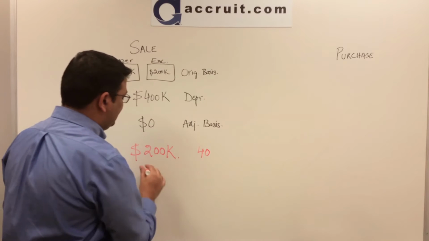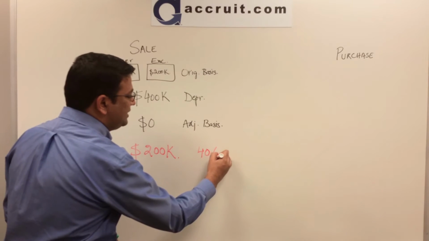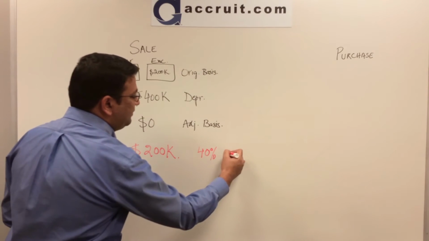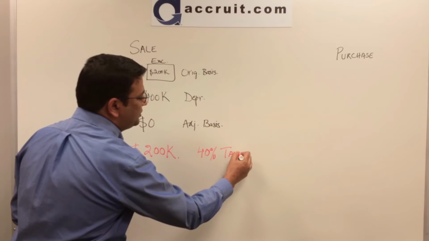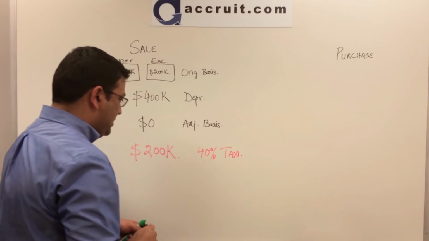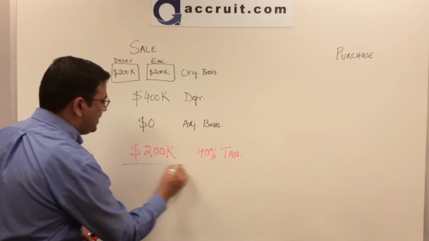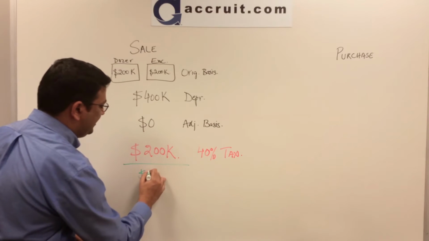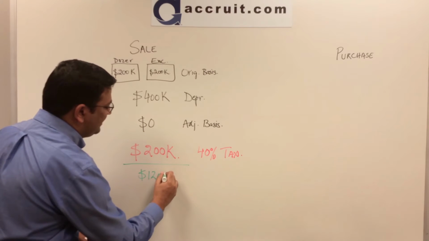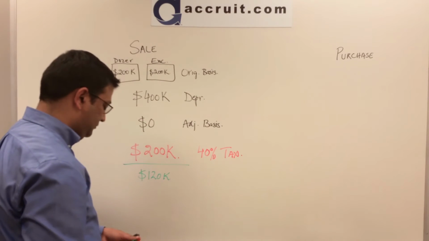So this $200,000 in sale price is subject to 40% in tax exposure. Now, after paying taxes, I'm left with $120,000 over here to reinvest into my business.